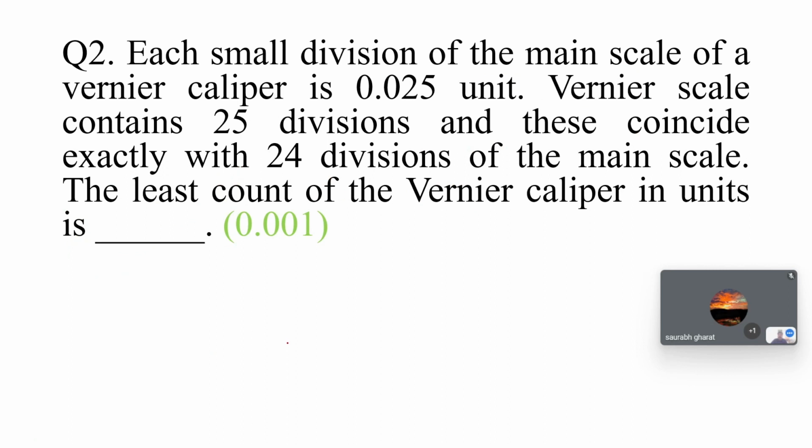Each small division on the main scale of a vernier caliper is 0.025 unit. The vernier scale has 25 divisions, and this coincides with 24 divisions of the main scale. What is the least count of the vernier caliper in units? How can we calculate it?